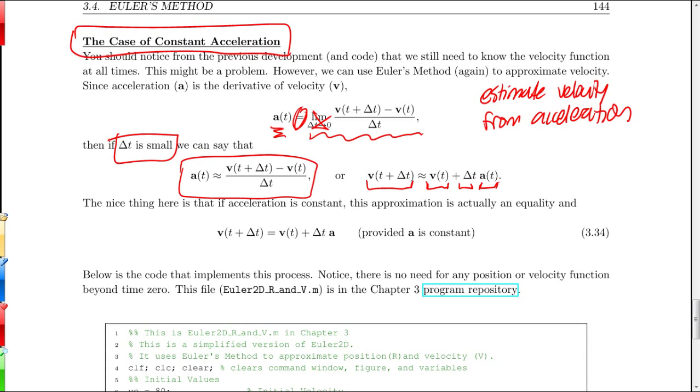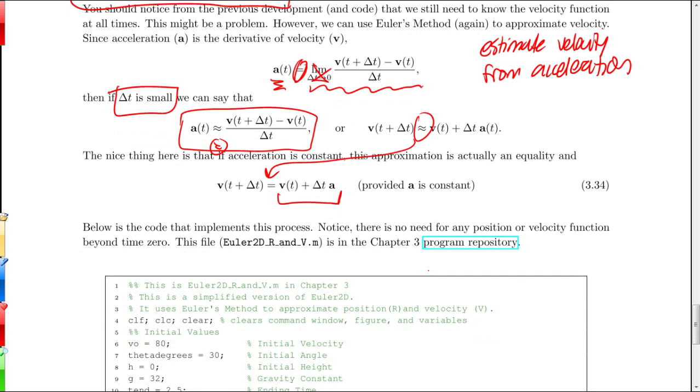But now the nice thing is, if my acceleration is constant, then that doesn't change at all, and this relationship here is actually an equal sign. So my approximation becomes exact if I'm assuming a constant acceleration, and I just update my velocity with my acceleration.